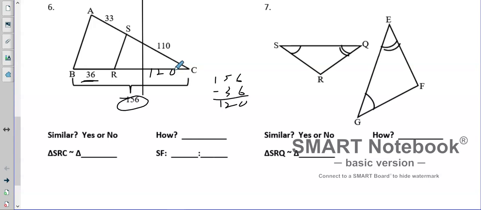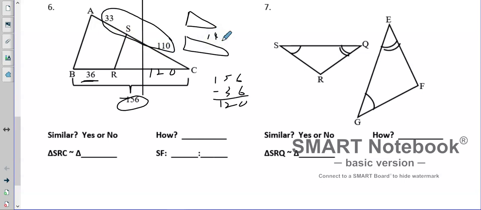And therefore, at this point, we can set up our fractions. Now, remember, there's two triangles here. There's the big triangle and the small triangle. All right? So, the big triangle, if we add these together, that gives us 143.